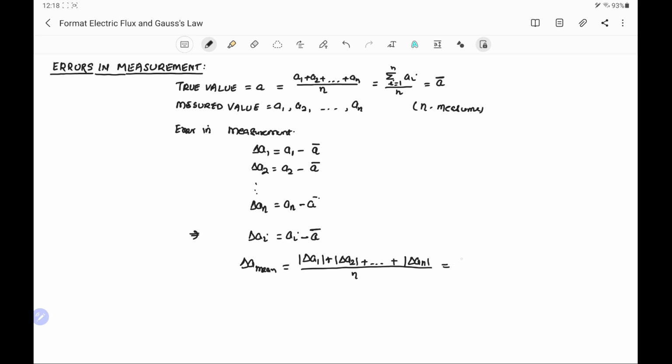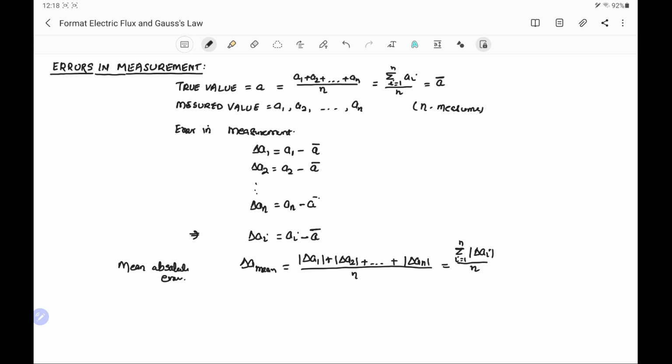Or in short, we can write it as summation i equal to 1 to n of mod delta ai by n. This is the mean error. Because we are taking the positive values, we can say it is the mean absolute error.